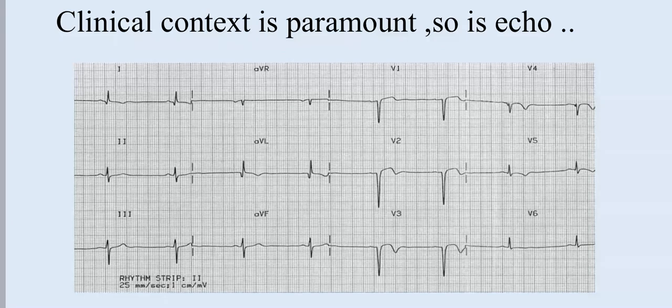It might just be an LV apical aneurysm, advanced ischemic remodeling that leads to persistence of Q waves and ST segment elevation, and they will remain. The scar remains in echo and the scar remains in ECG. So these changes persist indefinitely, and they are just because of that aneurysm, nothing new, okay?